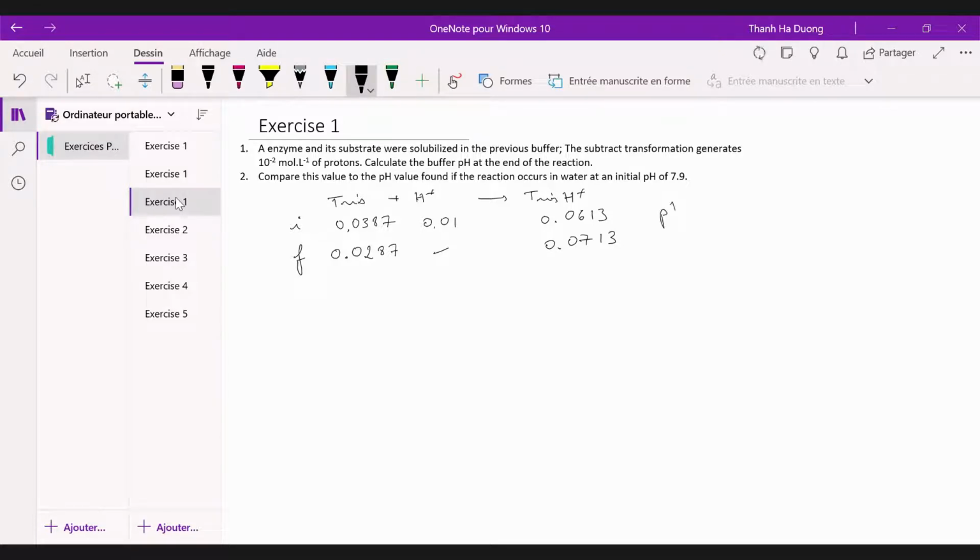We can use the Henderson equation for the new pH value, which is pKa plus log of tris over tris H plus. So it's pKa plus log of 0.0287 over 0.0713.